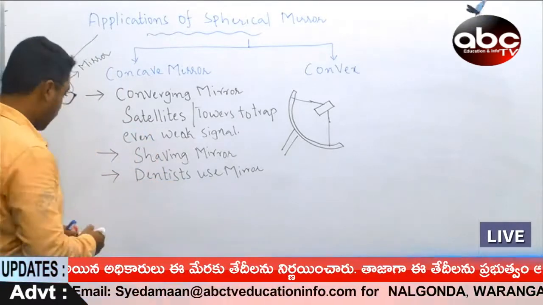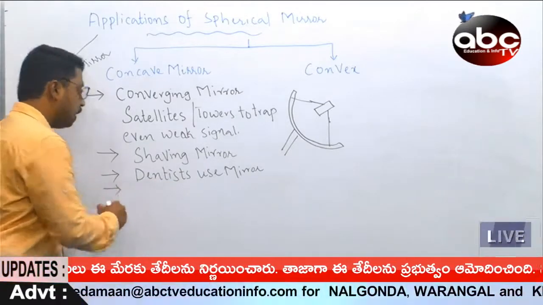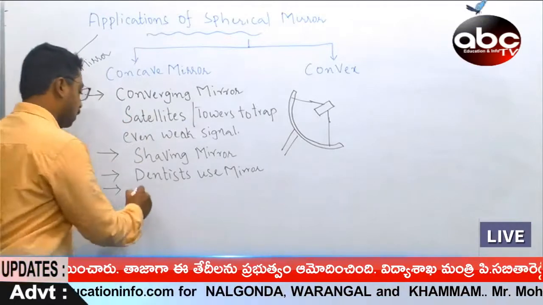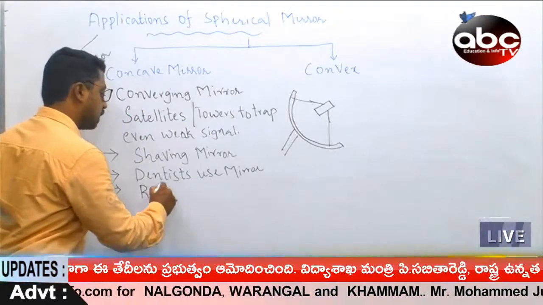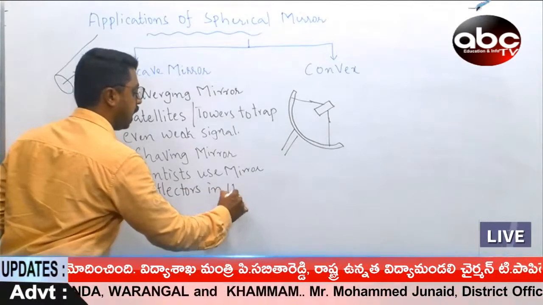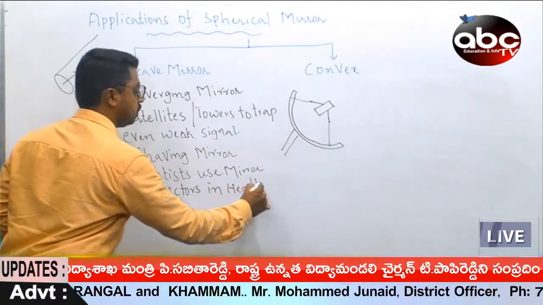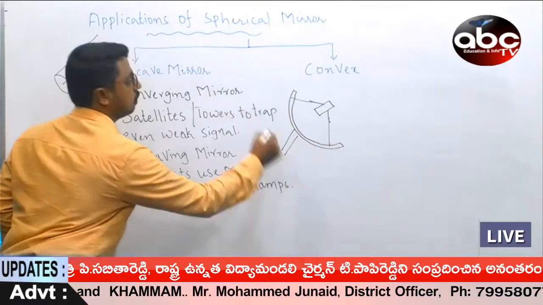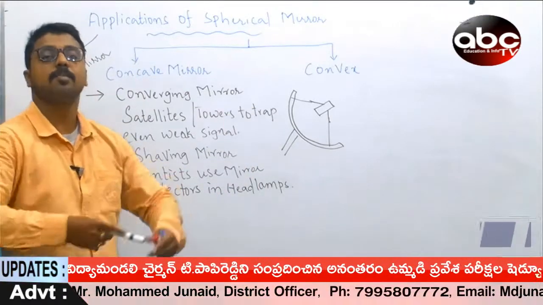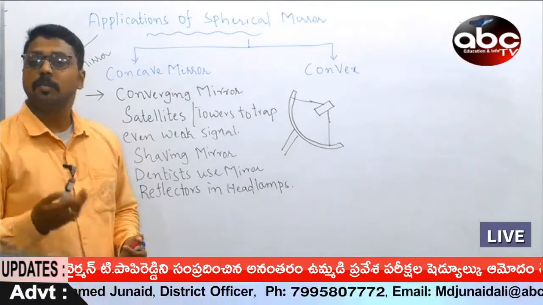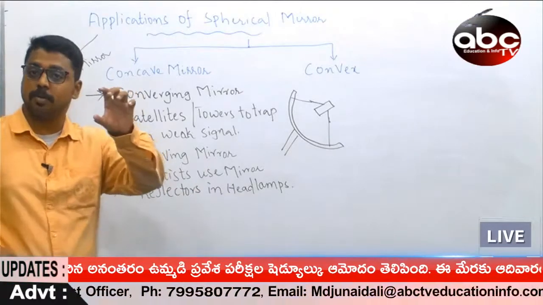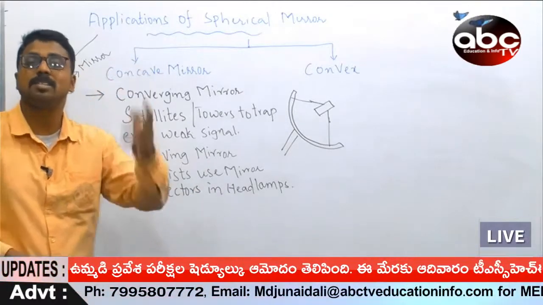At the same time, very important, they are going to trap much energy so they are used as reflectors also in headlights. Headlamps of automobiles, or headlamps of cars or anything, we are going to use them as reflectors because they are going to trap more energy and give immense light.